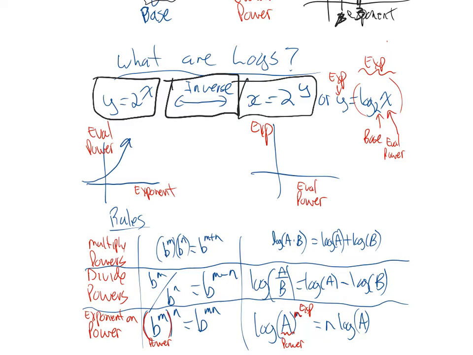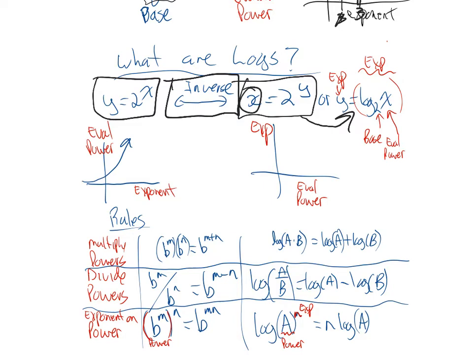It doesn't look very friendly though, because I usually don't write equations as x equals, I write them as y equals. So John Napier, the originator of logarithms, rewrote that in this form: log of x to the base 2. What is x?